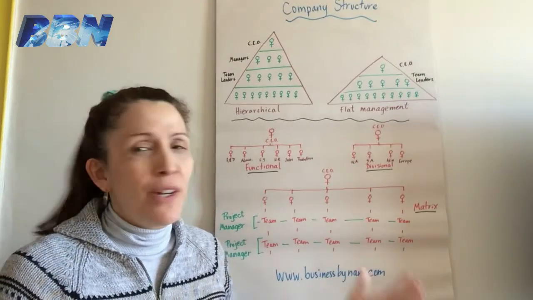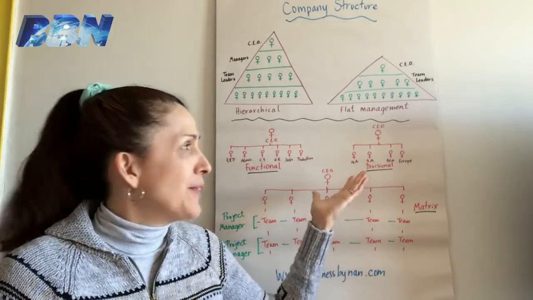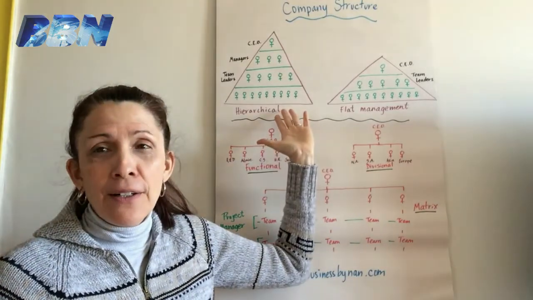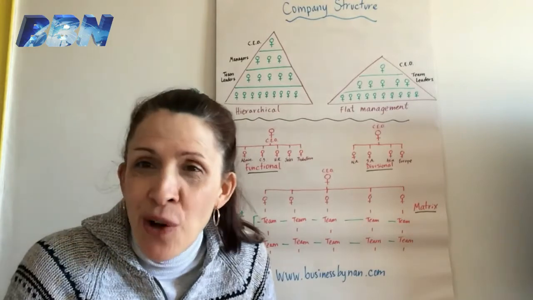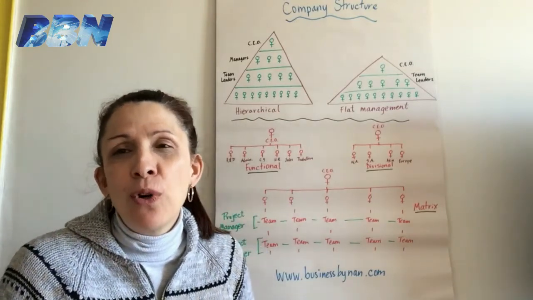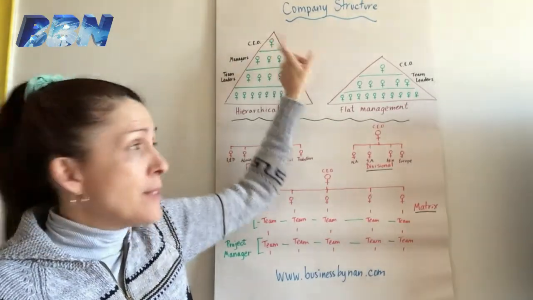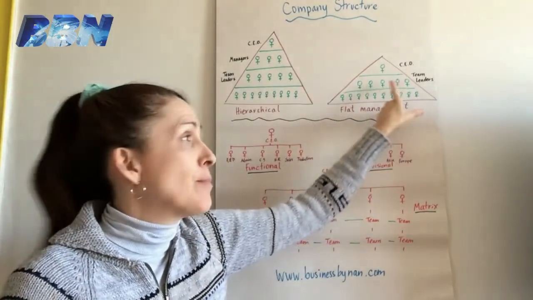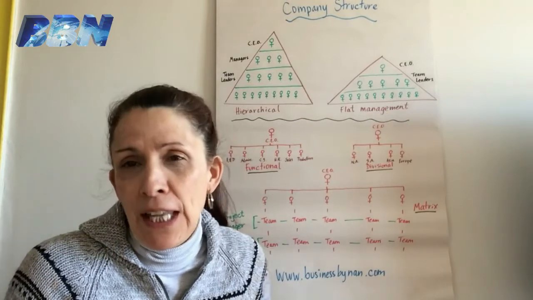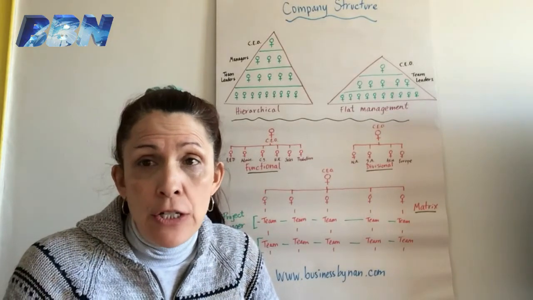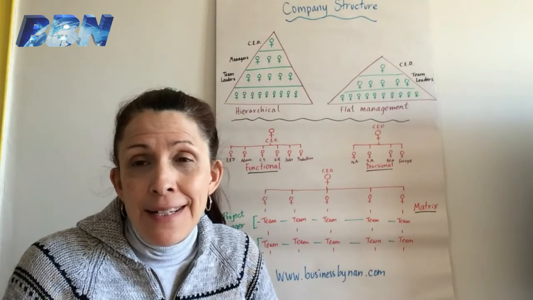What are the good points or the negative points for each of these? Well, hierarchical tends to be a lot slower. It's more centralized at the top. This is more decentralized, so there's more team working in there. It's a little bit quicker to get decisions done and taken.